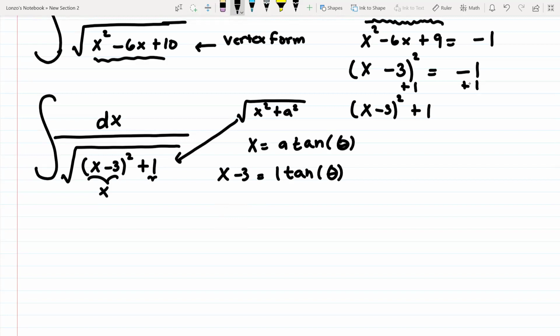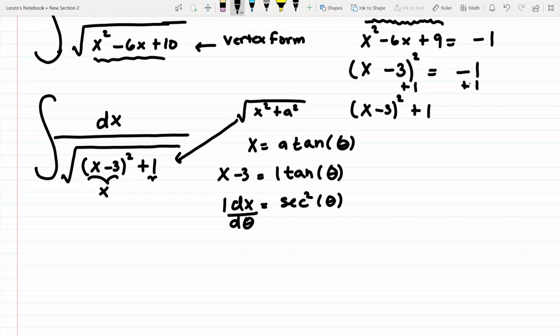So what we're doing is putting everything in terms of theta. On the left side, what is the derivative of x minus 3? It's just 1 dx. And on the right side, what is dx over d theta? We're taking the derivative in terms of theta. What's the derivative of tan theta? It would be secant squared theta.